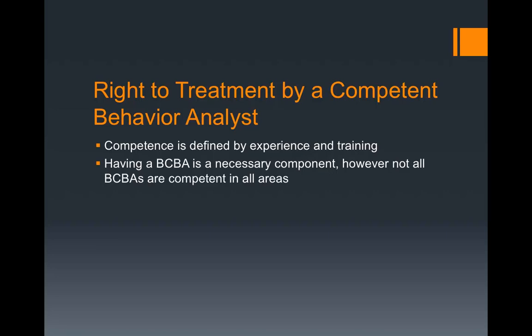And so if that is the case, then they need to either find somebody who is competent, or take some steps to learn to be competent. And that might be contacting someone who works in that field, reading some articles, taking some CEU courses, etc., in a particular area.